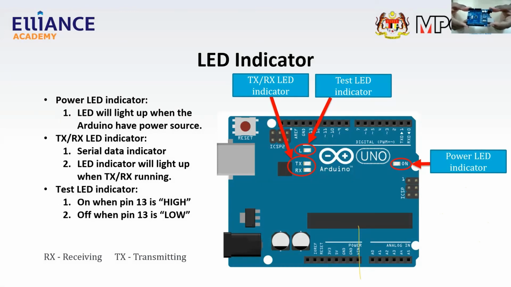The first LED is to indicate if the board is powered up, which is the power LED indicator. We can see an ON LED here, written on. It's okay. You can take a look.